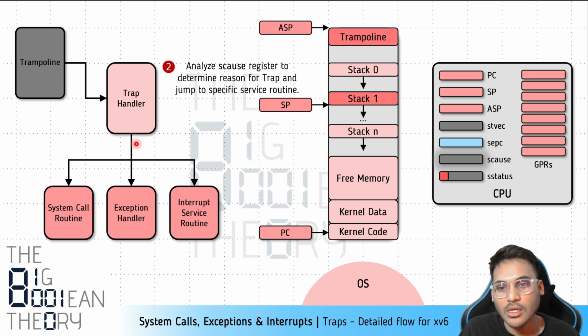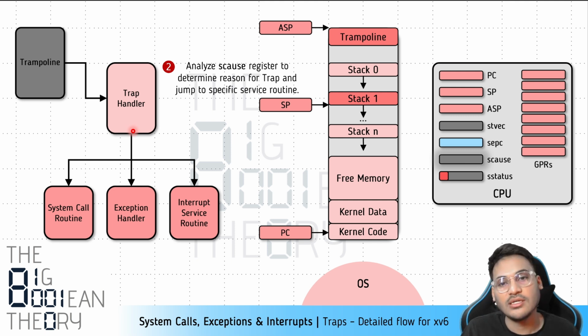If the trap was caused by a system call, then the appropriate system call routine has to be executed. If it was due to an exception, then the necessary exception handler has to be executed. Lastly, if it was due to a device interrupt, then the appropriate interrupt service routine needs to be executed. So the job of the trap handler is to analyze this register and then route the trap to the actual routine that needs to be executed.